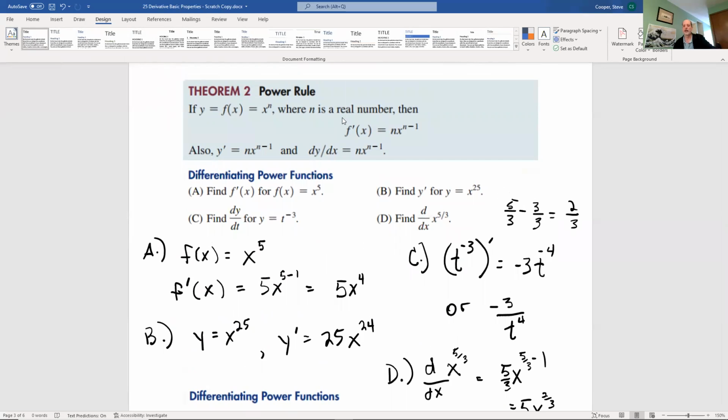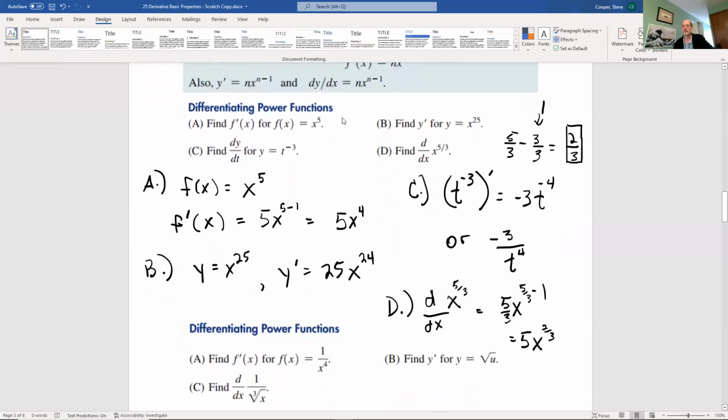So this is n times x, and then this is n minus 1. And so the new exponent is 5/3 minus 1. Up here, I've rewritten it as 5/3 minus 3/3, so this is 1. So 5/3 minus 1 makes the fraction 2/3. So that's the new exponent for n minus 1. But before it was 5/3 x to the 5/3 minus 1. So wouldn't it be 5/3 x to the 2/3?